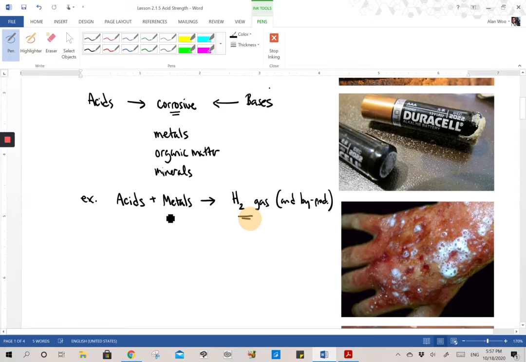Things like zinc and iron are metals that tend to react with acids to produce hydrogen gas.